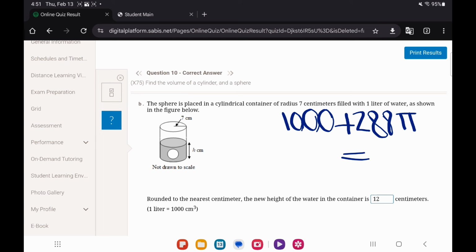To the nearest digit, it's 1905 centimeters cubed.